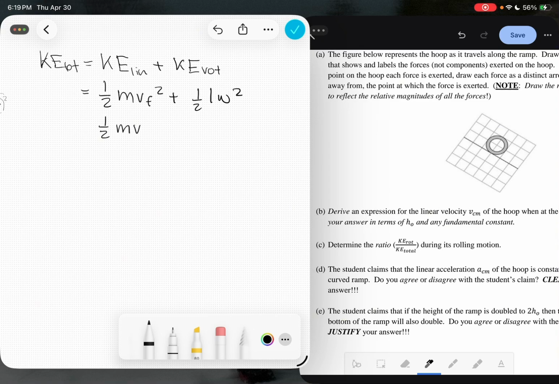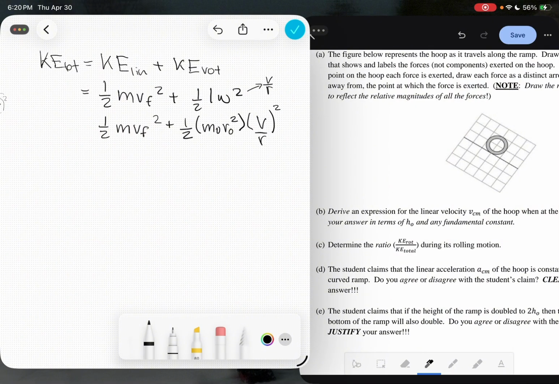And I'm just gonna rewrite, because I need to plug in M naught, which is given, and R naught, which is also given, and I have to square this R. And for omega, I'm gonna change it to V over R, and I'm gonna square it.